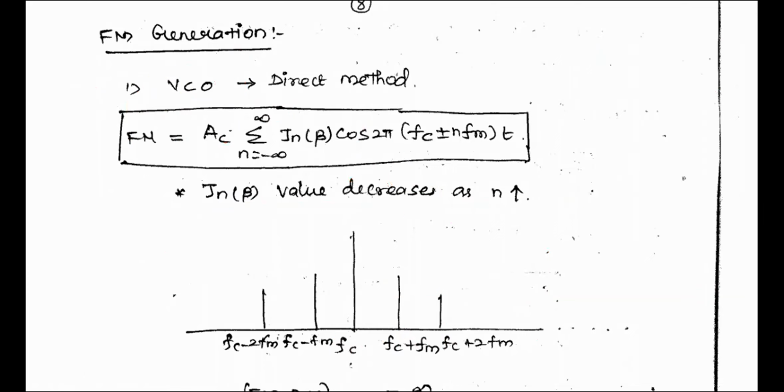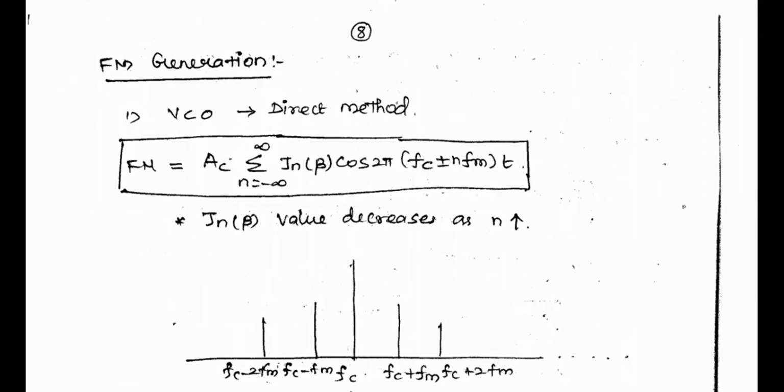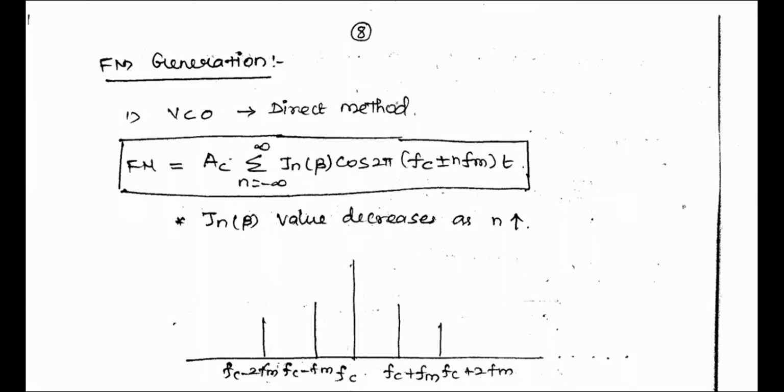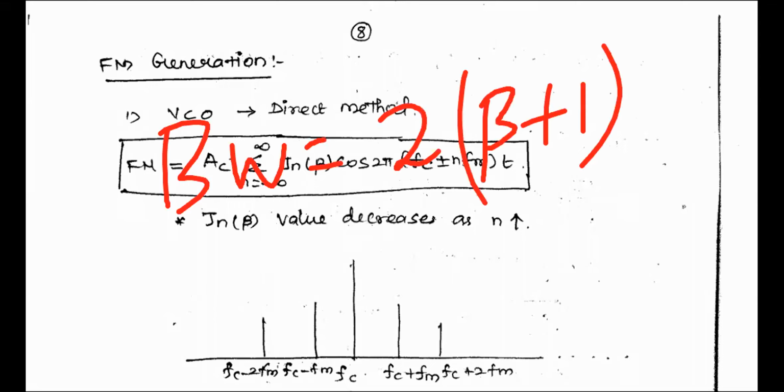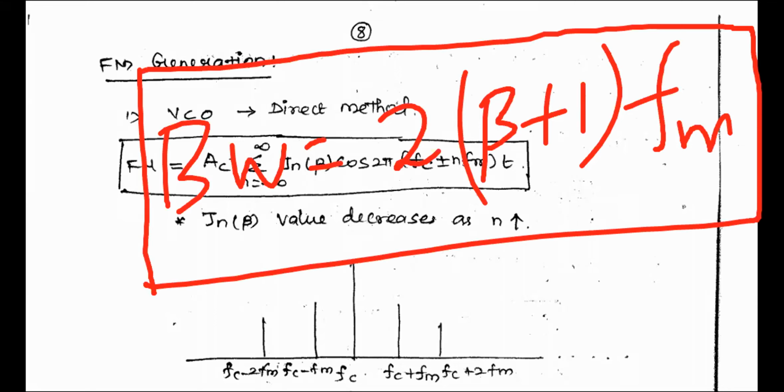The bandwidth final equation is 2 times beta plus 1, because both upper side band and lower side band vary by a factor of fm, because that difference is fm. So this is the final practical bandwidth of the FM signal.